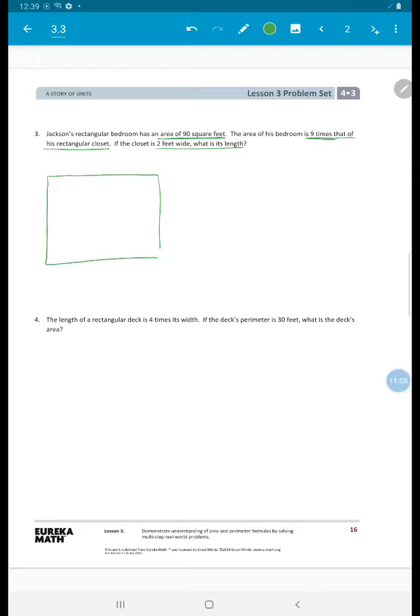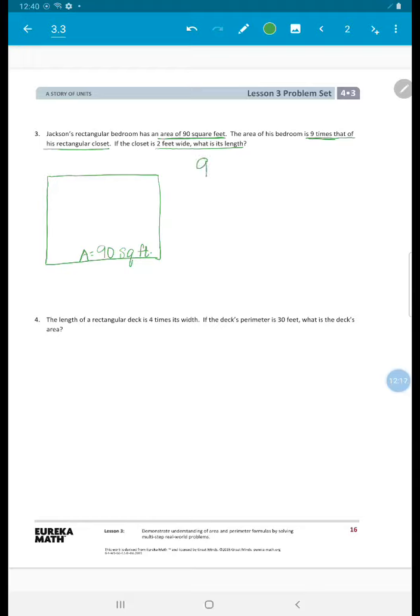So we know we'll make this rectangle represent his bedroom. Area equals 90 square feet. And we know that's 9 times that of his closet.